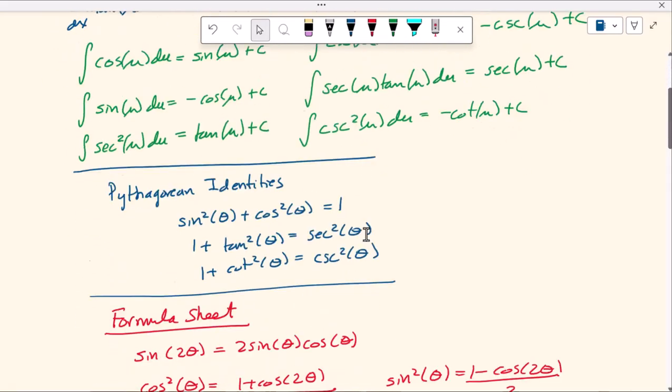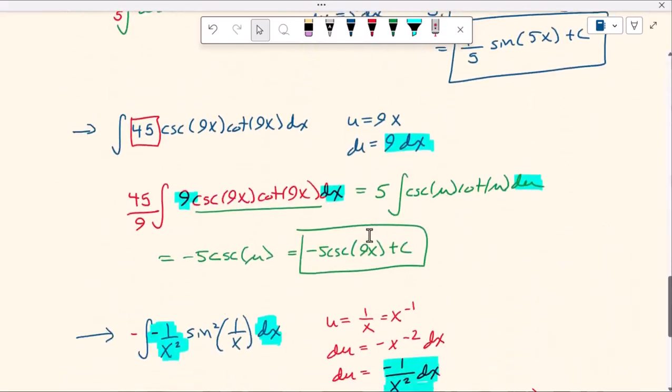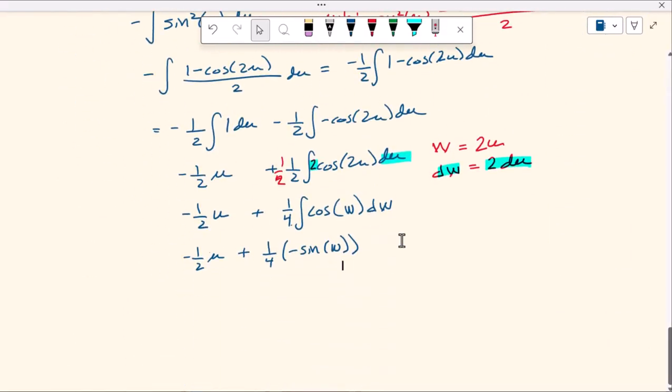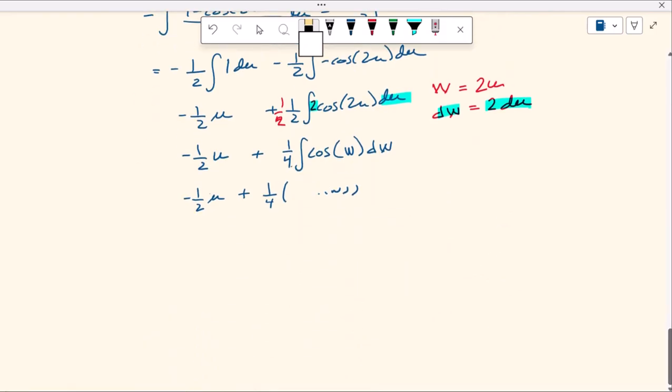Okay, so let's fix that up. And I always should remember that because the derivative of cosine is negative. The integral of cosine is positive. So this is positive sine of w.